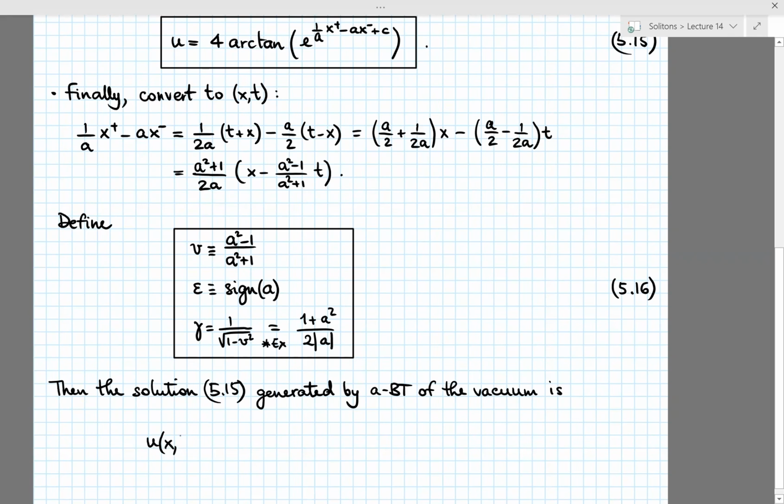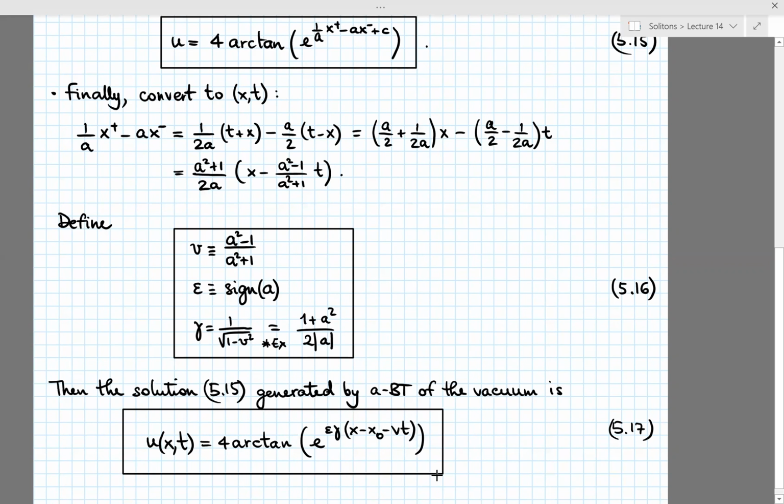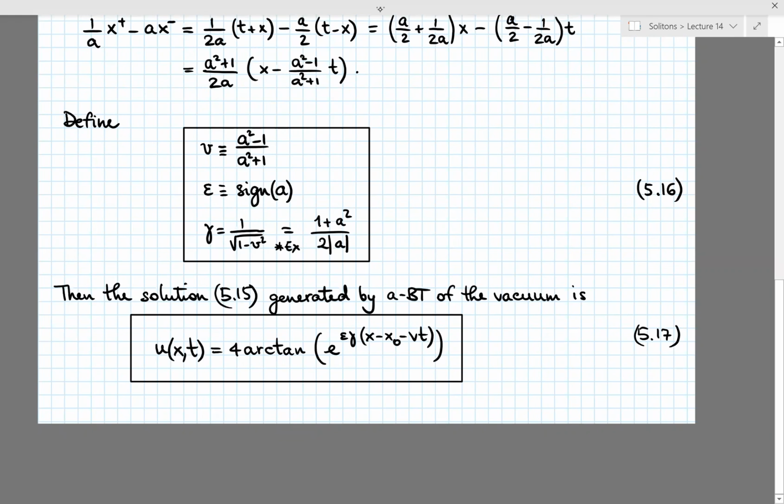We have u as a function of x and t equal to 4 arctangent of exponential of epsilon times gamma times x minus x naught minus v times t, where we traded the integration constant c for x naught.